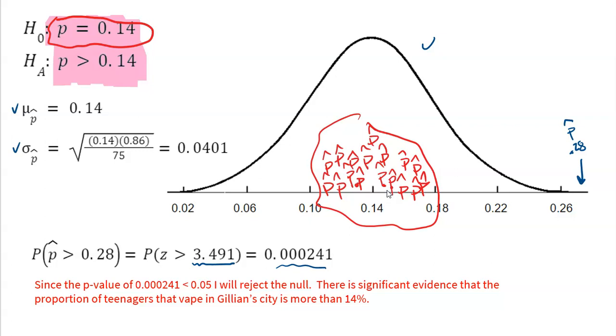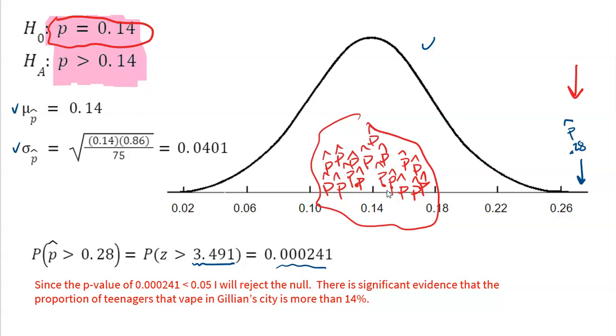She just so happened to get this one really, really high p-hat that produced a really, really low p-value, and it just so happened that she got a sample that told her to reject the null. But that was the wrong decision. All of the other possible p-hats, if she were to replicate this, would have actually told her that 14% was true.